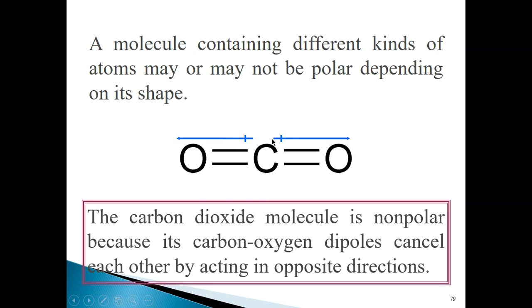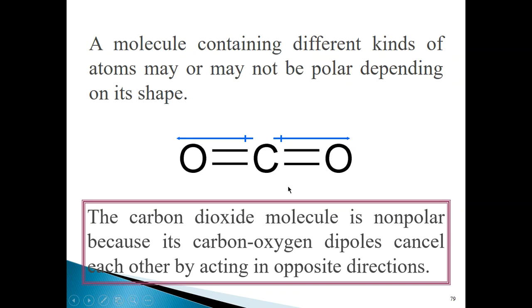Furthermore, we know that the size of these dipoles is the same because this oxygen atom would be identical to this oxygen atom. So in this particular molecule, the dipoles will cancel out each other. As a result, the molecule itself will not be polar, even though the bonds are polar.